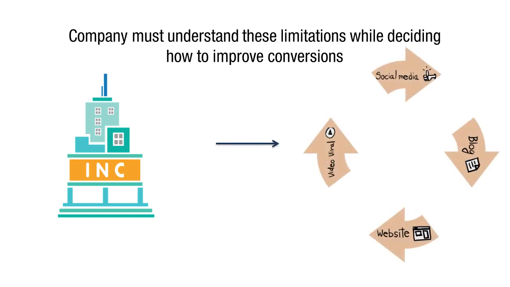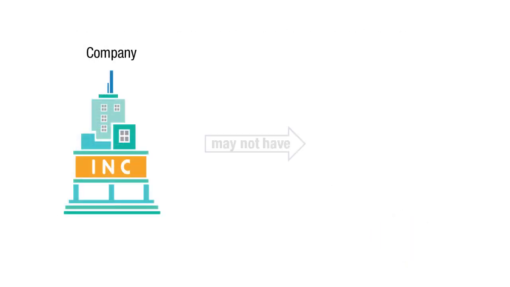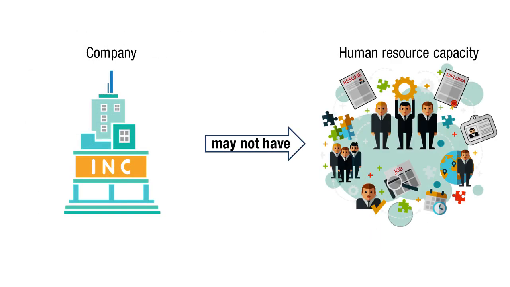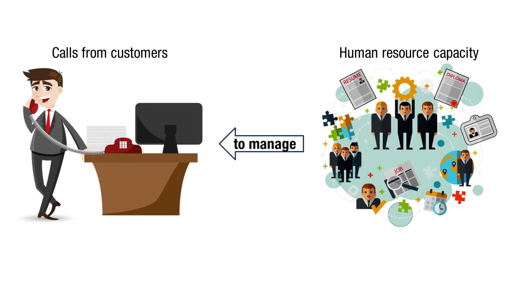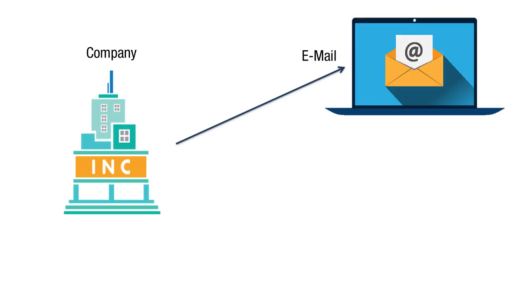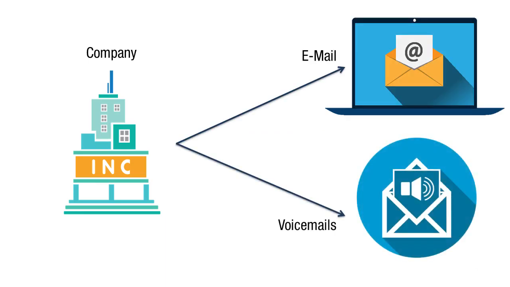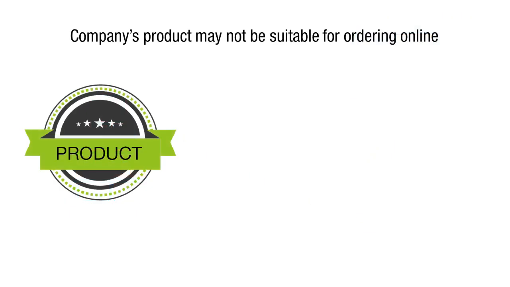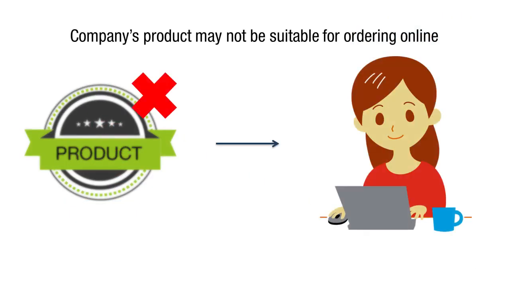Other examples of limitations that a company may have to keep in mind are: the company may not have the human resource capacity to manage incoming calls from customers. In such a situation, the company may need to utilize email communication or record voicemails and then call customers back. The company's product may not be suitable for ordering online.